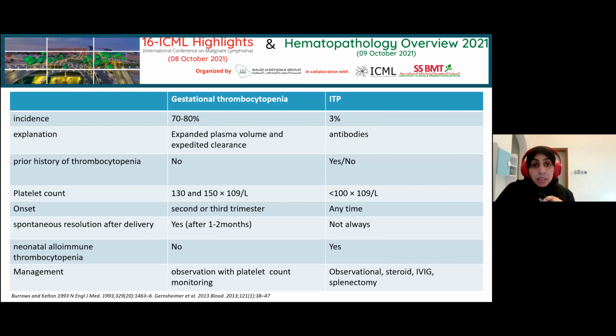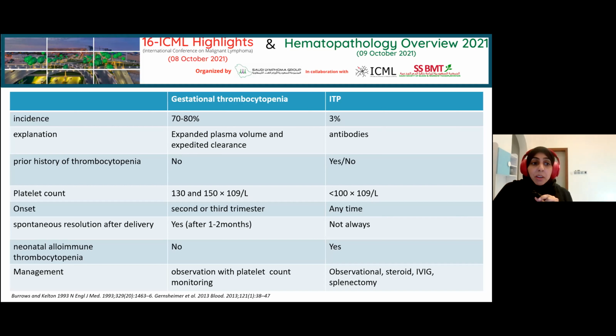The commonest cause of thrombocytopenia in pregnancy is gestational, with a high incidence of 70 to 80%, as compared to the second cause, which is ITP, only 3%. The explanation in gestational thrombocytopenia is believed to be a dilutional effect because of the expansion of plasma volume, whereas in ITP, it is antibody against the platelet.